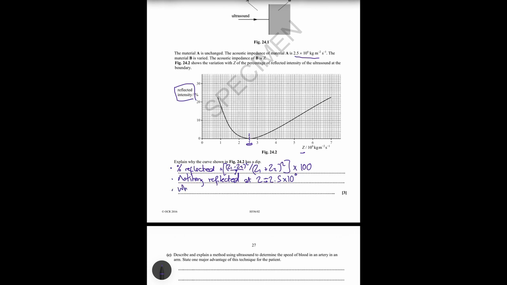So I'm going to say when the Z numbers are the same, there'll be nothing reflected. I can use the key term impedance matching: the impedances match, the acoustic impedances are matched, anything like that.